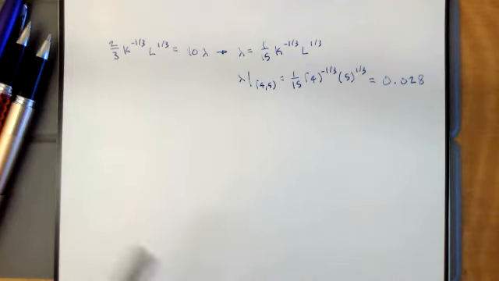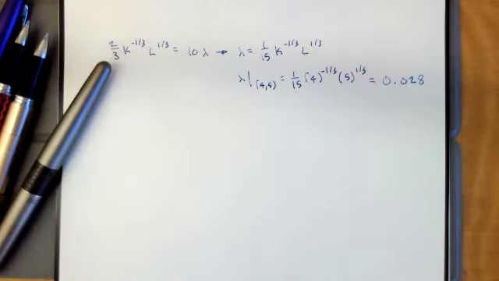So our lambda is 0.028. Now this is at a budget of 60. If the budget increases to 61, we should expect the production to increase by approximately 0.028. That tells us how much increasing the budget will have, the effect the increased budget will have on our total production.